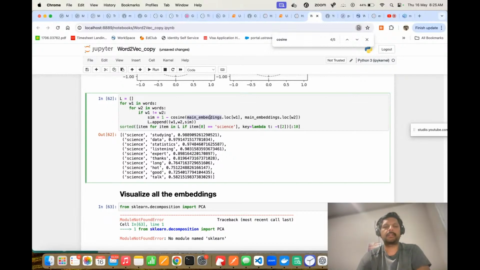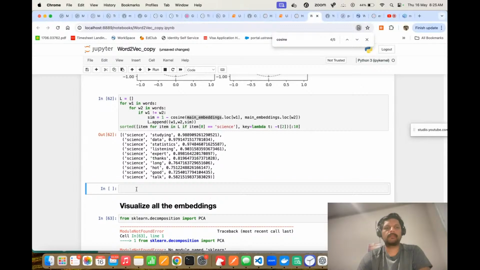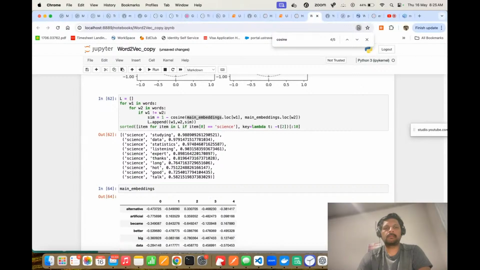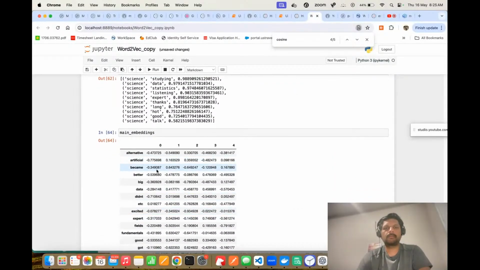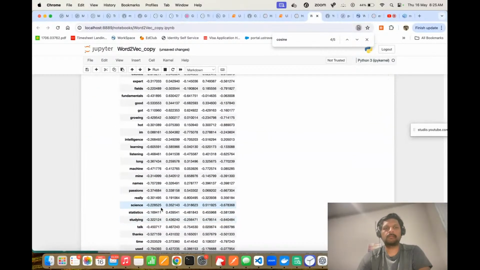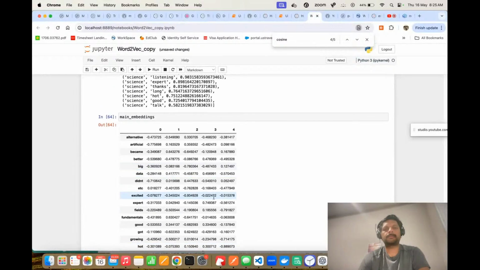Let's print main embeddings and see. This is the final embeddings for each of the words.